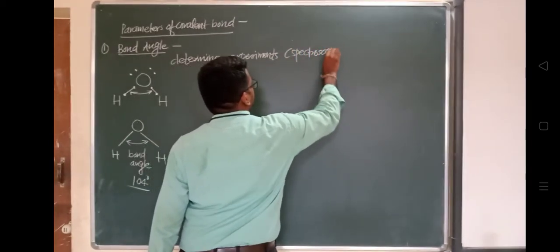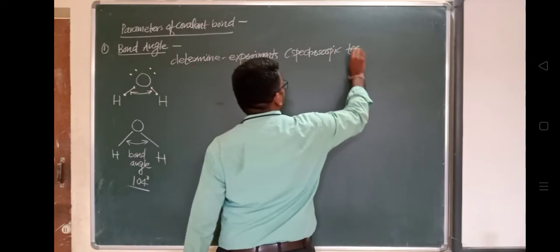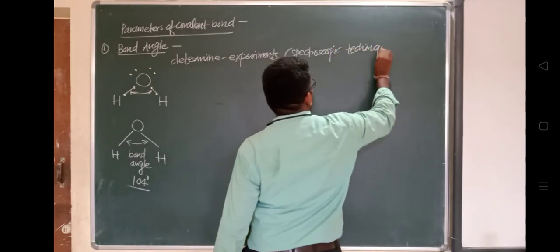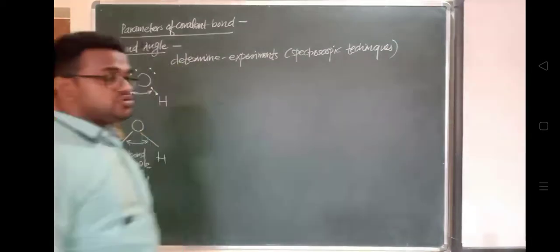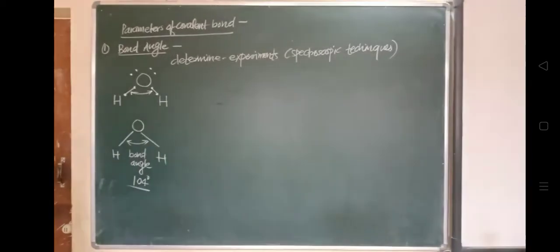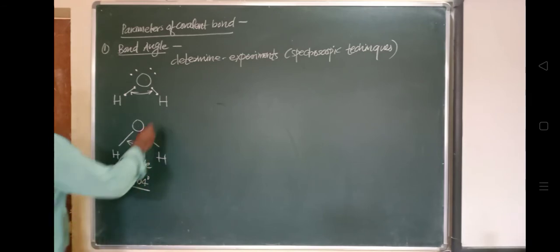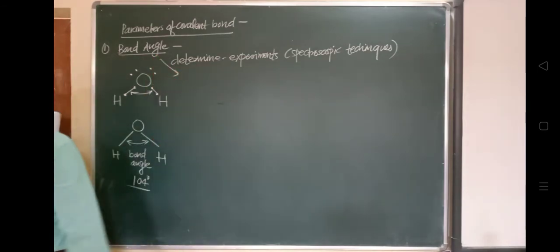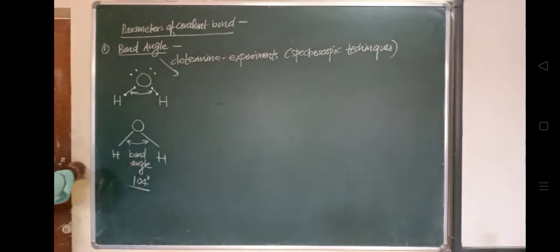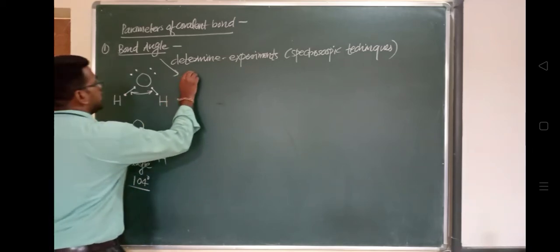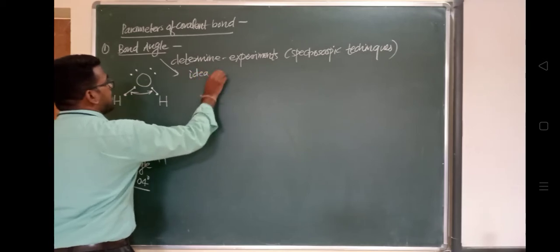The value of the bond angle gives an idea about the arrangement of orbitals. This gives us an idea about how these orbitals are arranged.